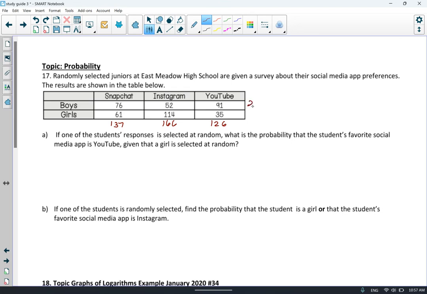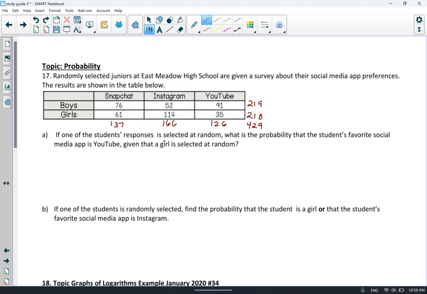I get 219, 61 plus 114 plus 35, 210. Be careful, sometimes they give you the totals, so you don't want to include that in. That happened to a couple of people on the first test. So just take into account, sometimes we include it and sometimes it's not.